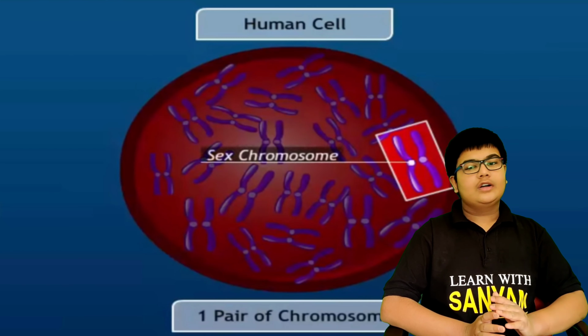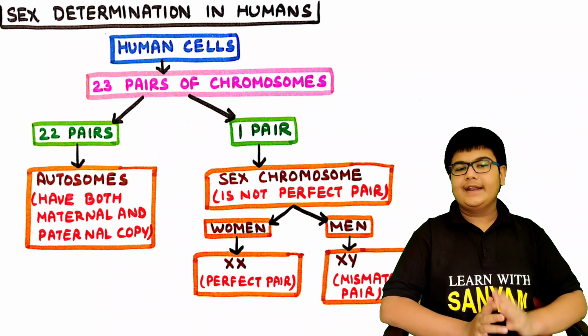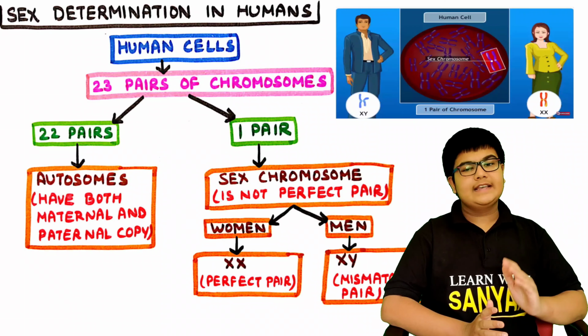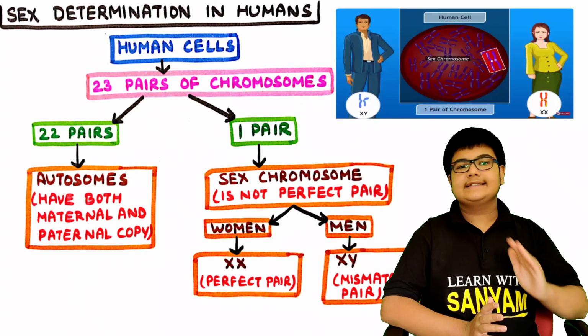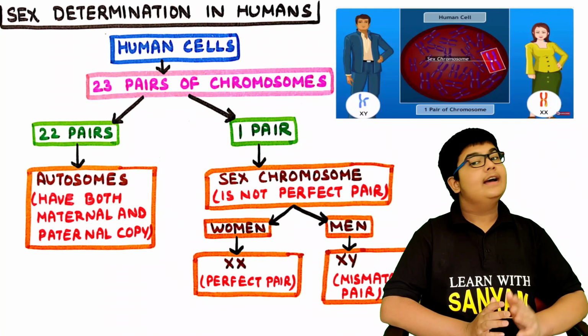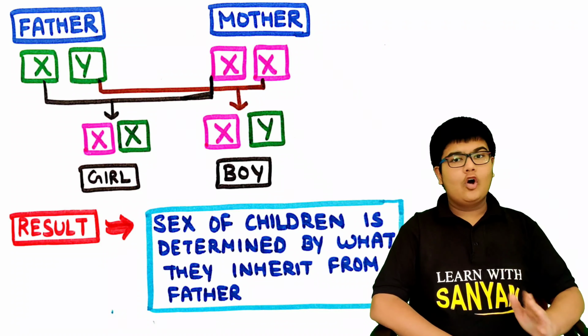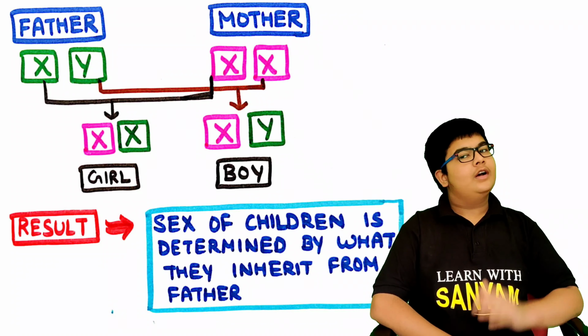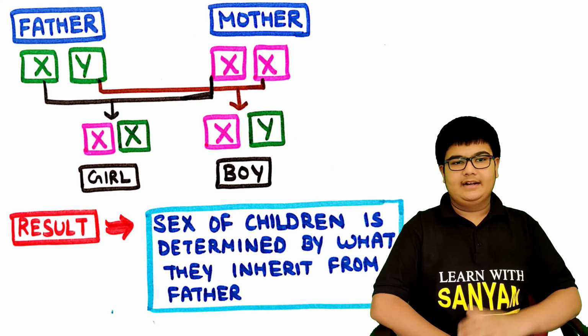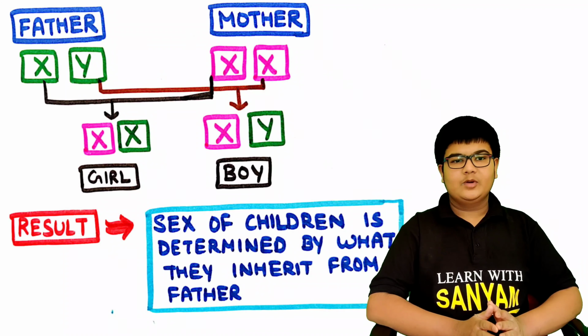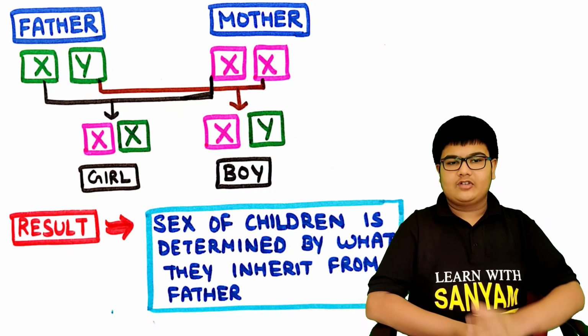And this is not a perfect pair. Women have a perfect pair of sex chromosomes, XX, while men have a mismatched pair, XY. So always the mother will contribute an X chromosome to the child, while the father can contribute an X chromosome or the Y chromosome.